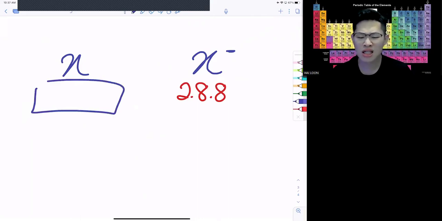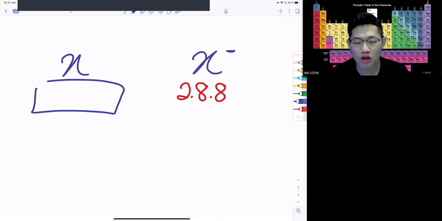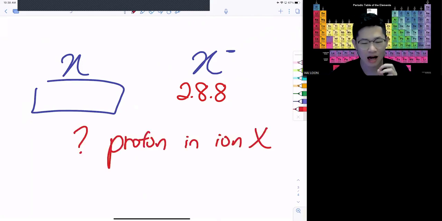So my question is, there are how many proton in ion X? There are how many proton in ion X? How many proton are there in ion X?